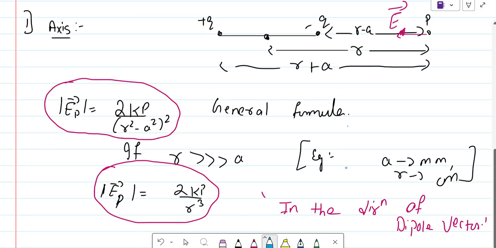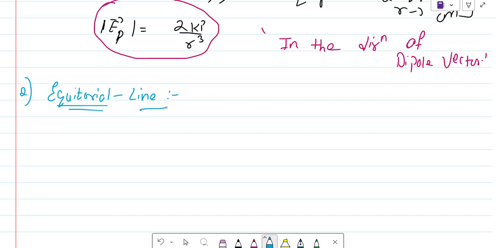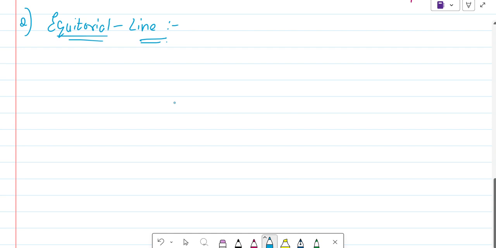Now, the second case is equatorial line. Okay. So this is the axis of the dipole.